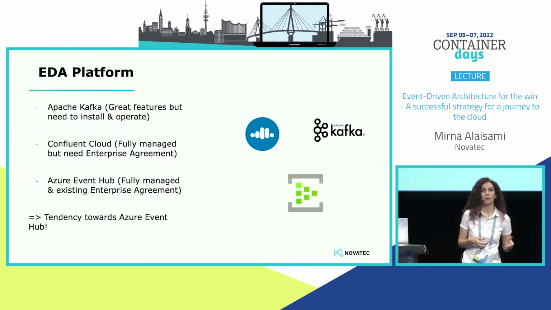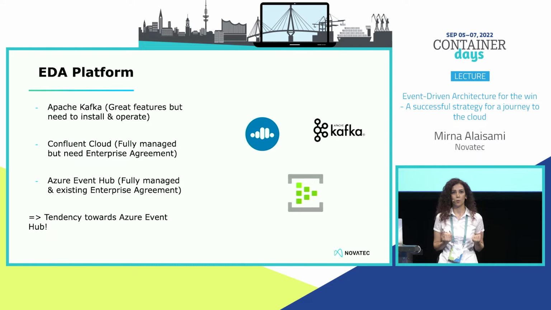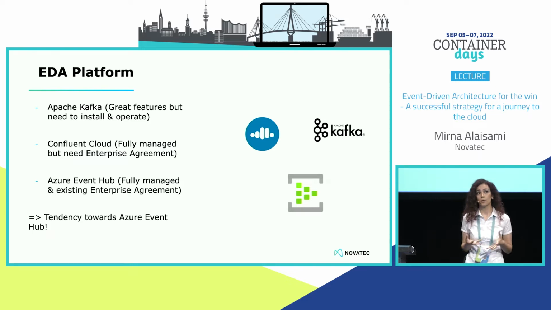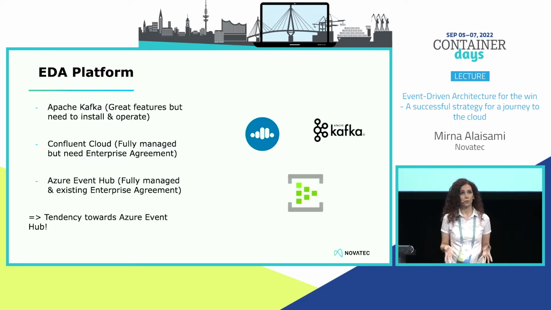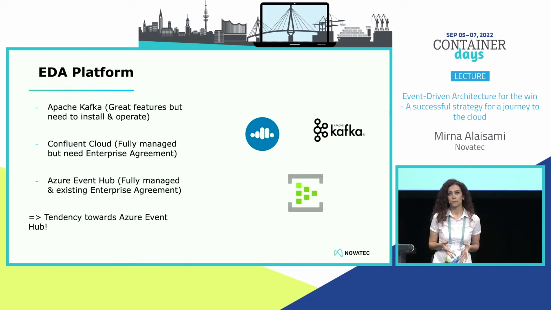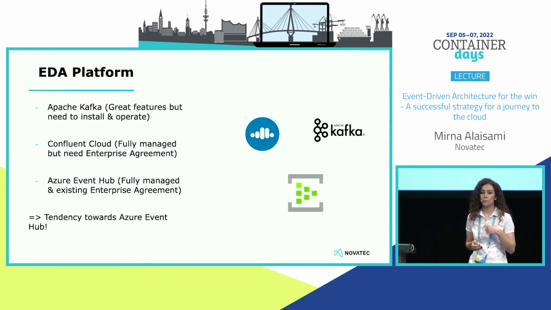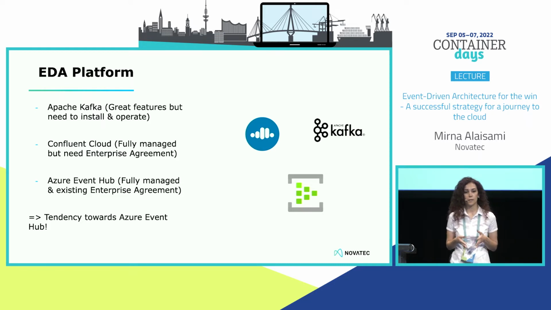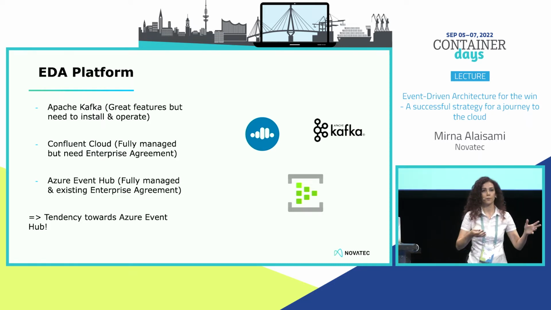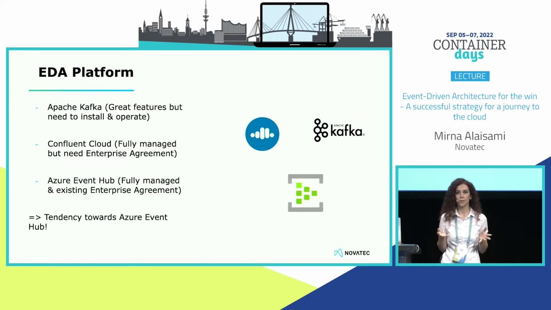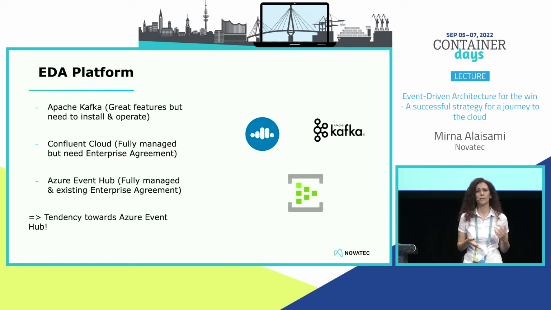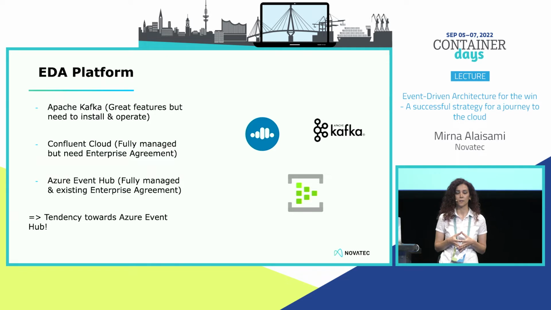And having a look at the first three options that came to our mind, Apache Kafka is a great option that offers a lot of features. However, we needed to install and operate that in our case. Then moving to Confluent Cloud, it enables us to use the great features of Apache Kafka as a fully managed service. However, we still needed an enterprise agreement.